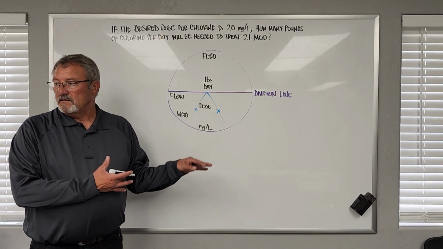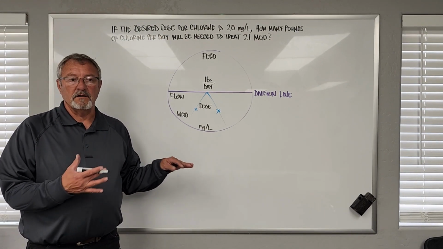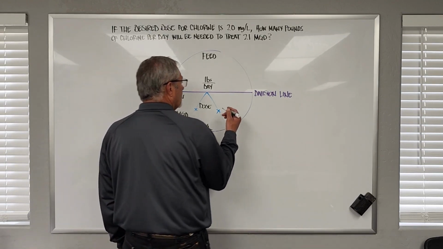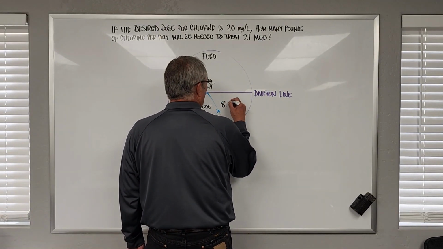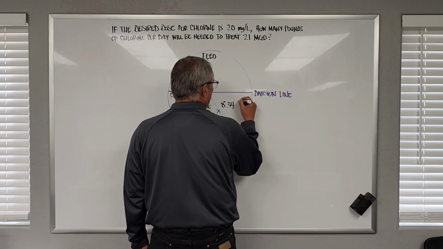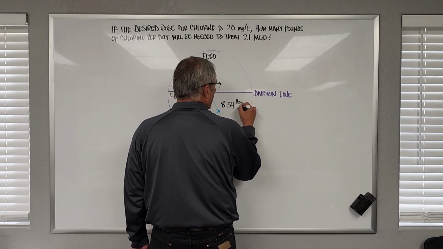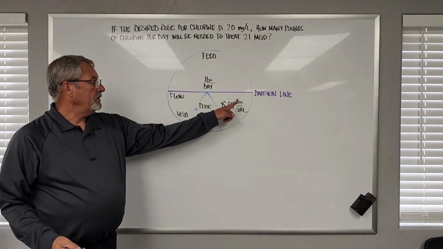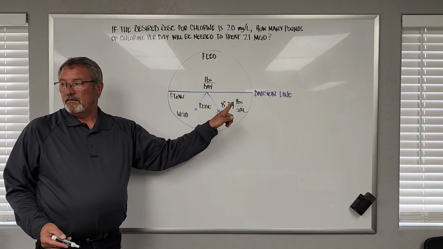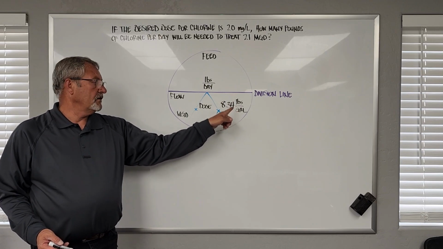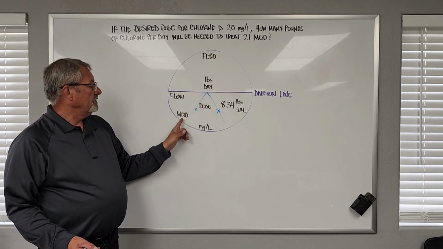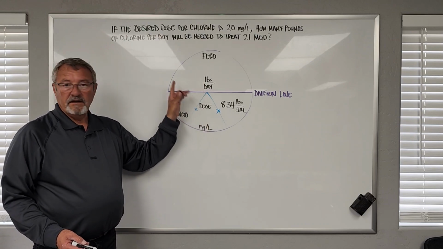Now I also have a constant. Earlier we talked about constants that every operator should know. One of those constants is that 1 gallon of water weighs 8.34 pounds. This piece of the pie is always going to be the same. It's never going to change. The name, the designation, and the units of measure for each of these are never going to change.